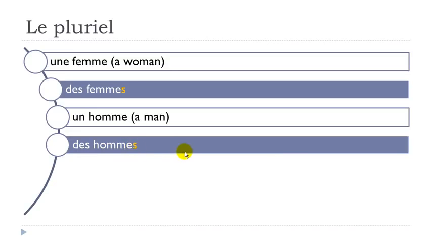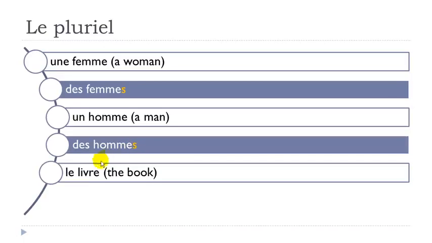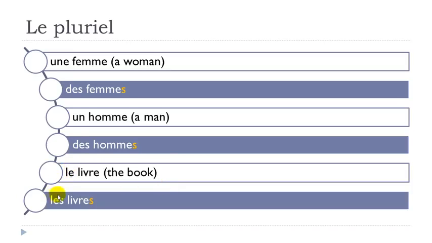And then I took this example with the article défini le. Le livre. If you want to put the plural form, then the article here becomes les. Then same rule, you just write livre and put s at the end, but you don't pronounce it. Les livres, le livre, les livres.